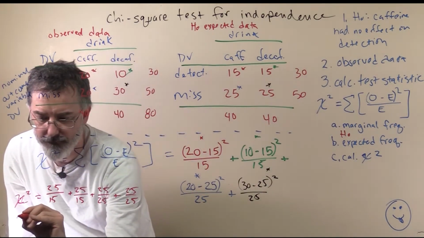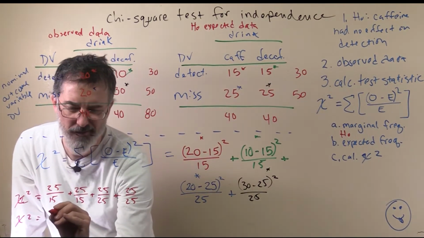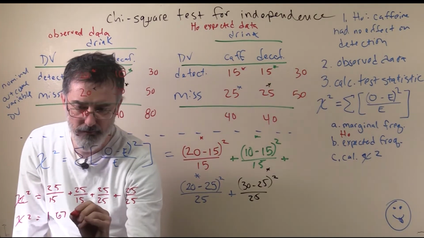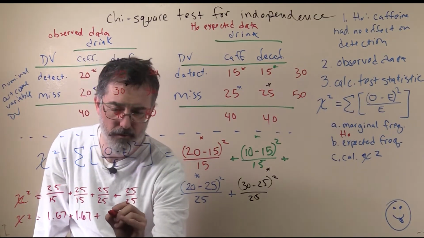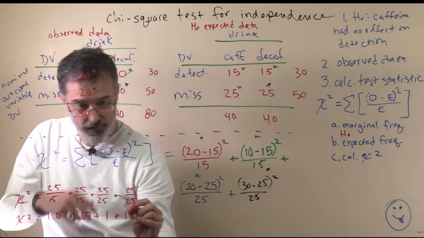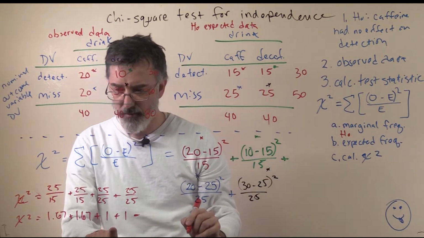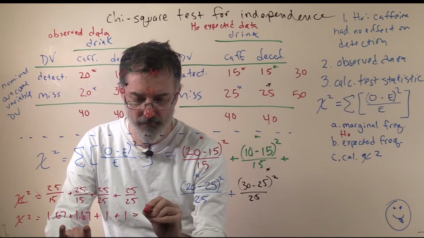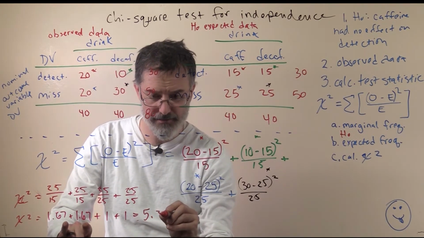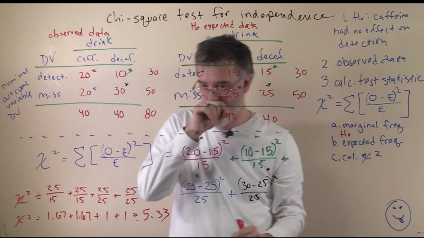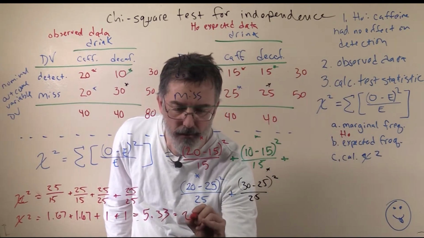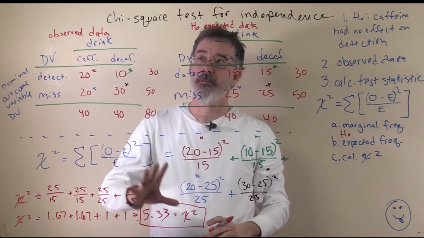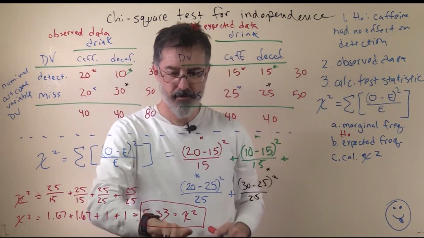All right. Chi-square equals 1.67 plus 1.67 plus 1 plus 1. Our chi-square is 1, 2, 3, 4, is equal to 5.33. So our chi-square statistic, our test statistic for this data is 5.33.